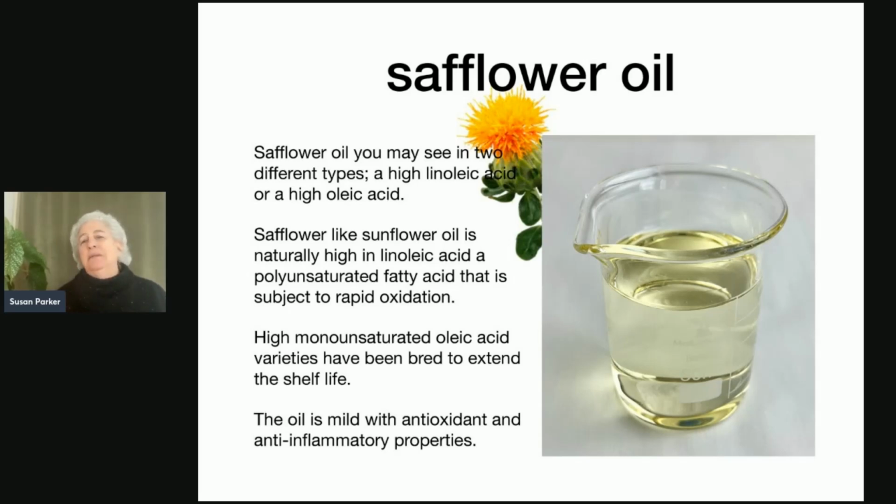The oleic acid is not as readily oxidized, which is why they wanted to make an oil that is good for making processed foods and grocery items. The high monounsaturated varieties have been bred from the polyunsaturated linoleic version, to make an oil with a longer shelf life. Very mild oil, with antioxidants and anti-inflammatory properties, and so is great for the skin.